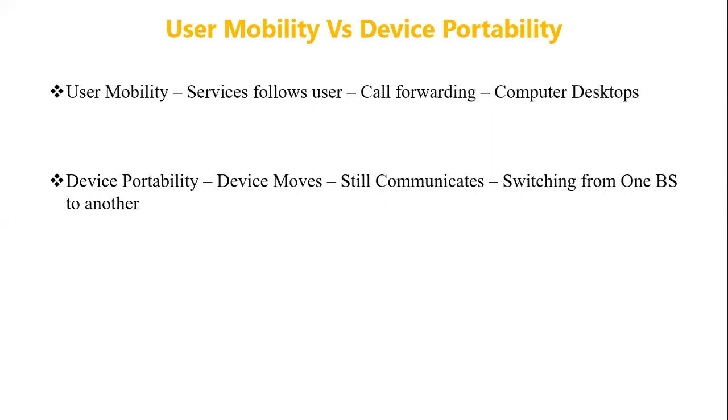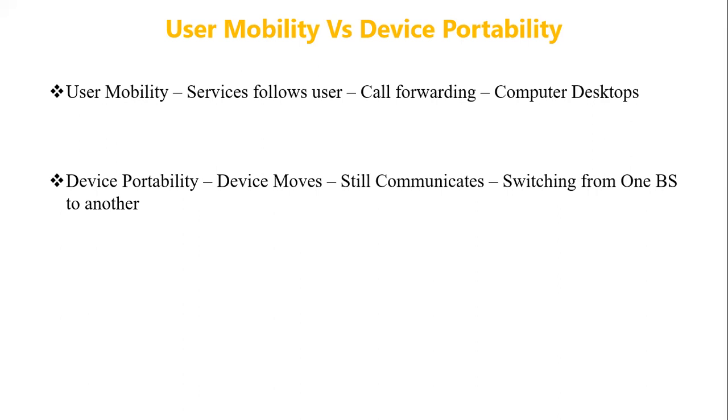But when you go to your office, or when you are traveling, the device may get connected to the internet through some other technology like Wi-Fi, or anything else. So basically, even though the device moves, it adapts to the environment, and whatever network is available in that environment, the device will be able to communicate with that network, and avail the internet and other services.